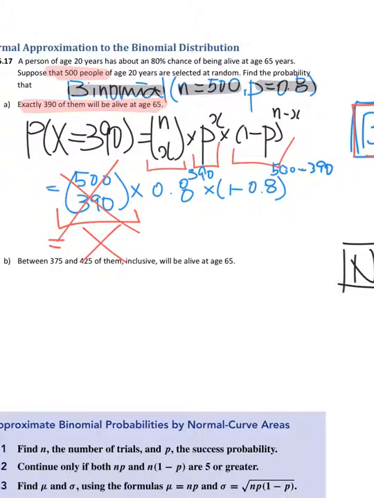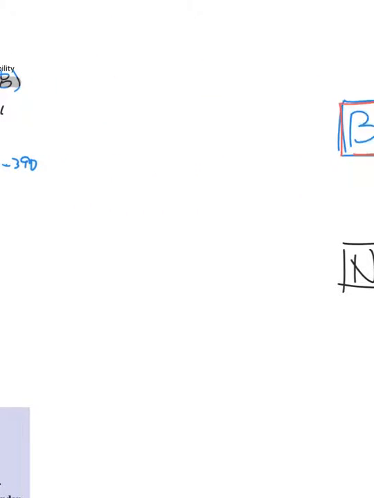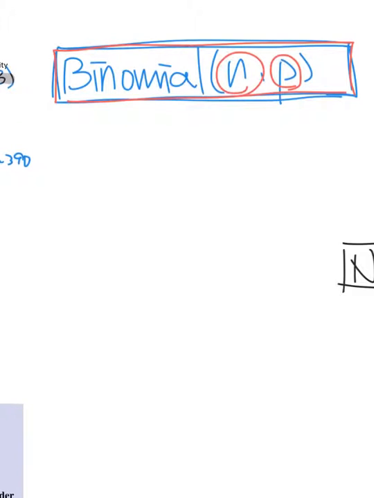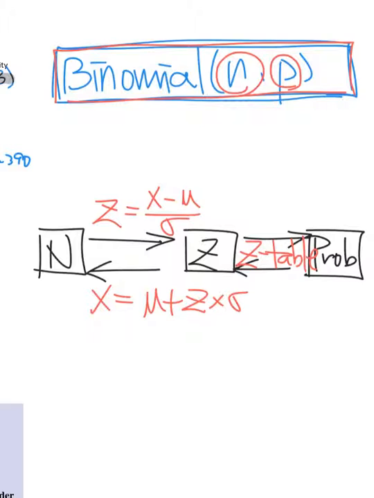We are going to use the normal approximation. Just a second. Let me go back to the map again. Here is the binomial distribution, and here is the normal distribution and the standard normal distribution. Right? Now, we need a probability based on a binomial distribution. n is 500, the probability is 0.8.